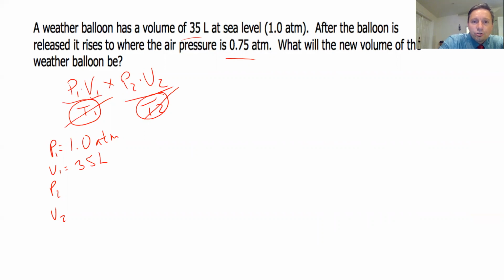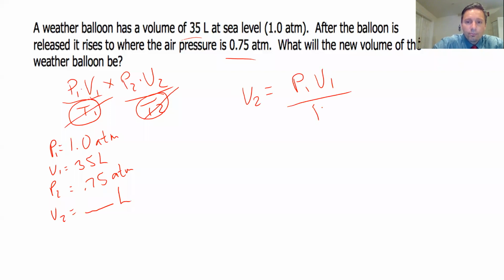Our pressure 2 is 0.75 atmospheres. And our volume 2 is blank liters. We don't know what that is. So we can rewrite this and set it up so we're solving for V2. V2 equals P1 V1 over P2.